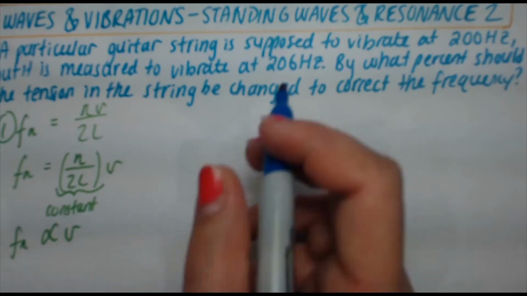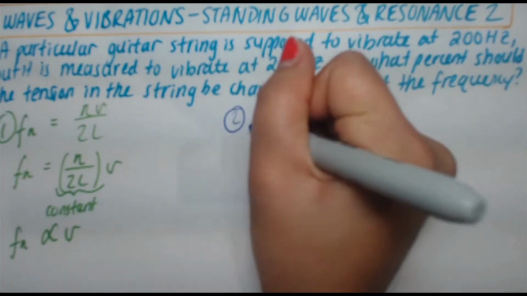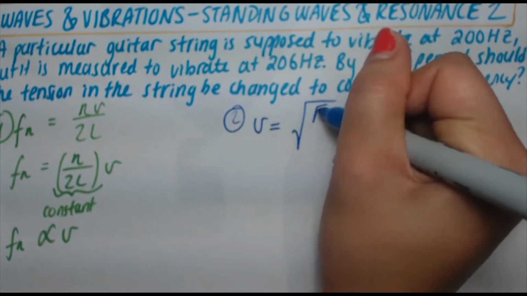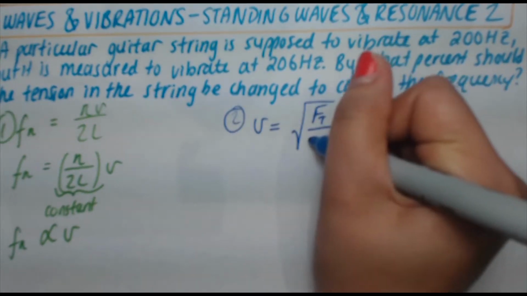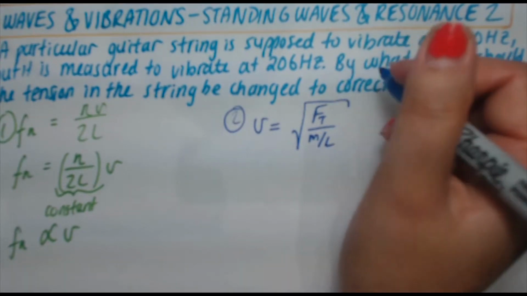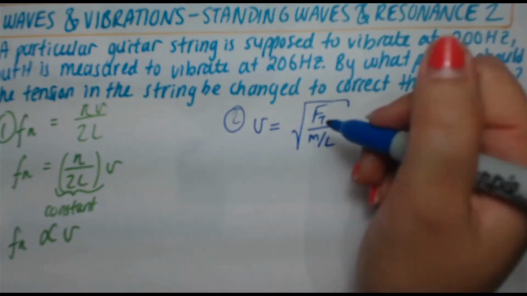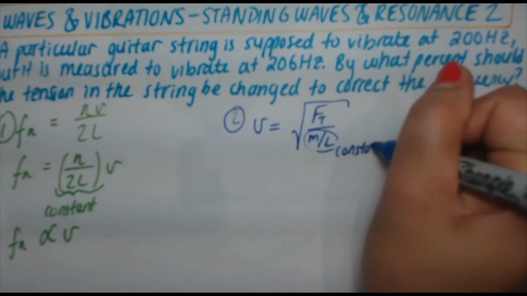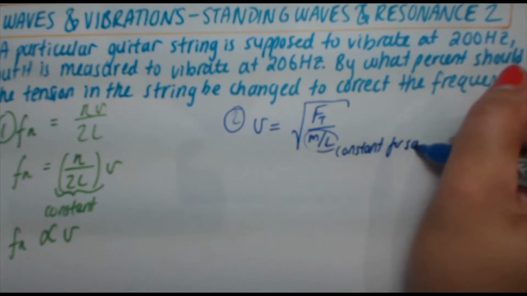The second is an expression for speed. We also saw in video 141 that the speed on a string is equal to the square root of the tension divided by the linear mass density, or mass over length. It's a similar idea here: mass over length, the linear mass density, is also going to be constant for the same string.